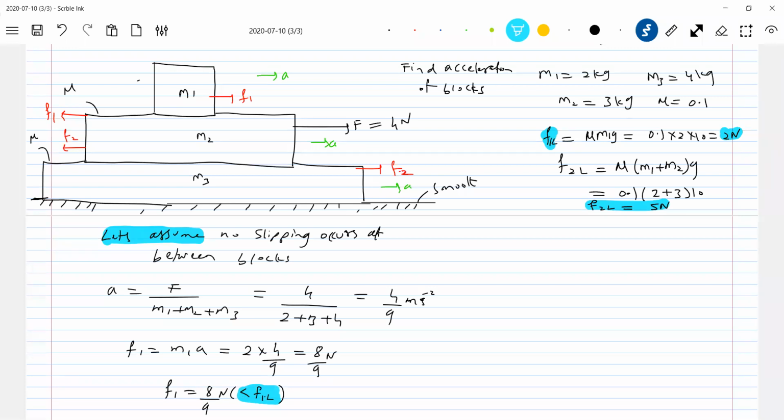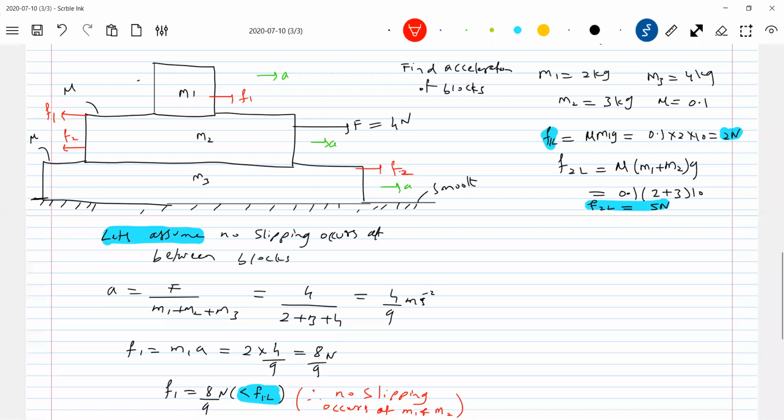So no slipping occurs between blocks 1 and 2. What I assumed, that no slipping occurs, is correct. So the conclusion is: no slipping occurs at M1 and M2.